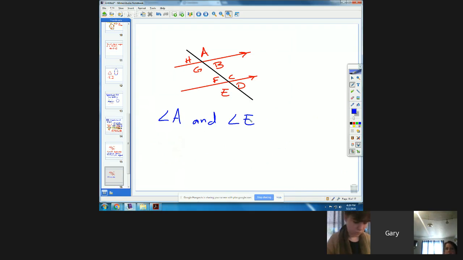So they're on alternate sides, so they're alternate. They're also on the outside of the parallel lines, so they are called alternate exterior angles. Does that make sense? Alternate sides of the transversal, the black line, and exterior to the parallel lines, so they're alternate exterior angles.